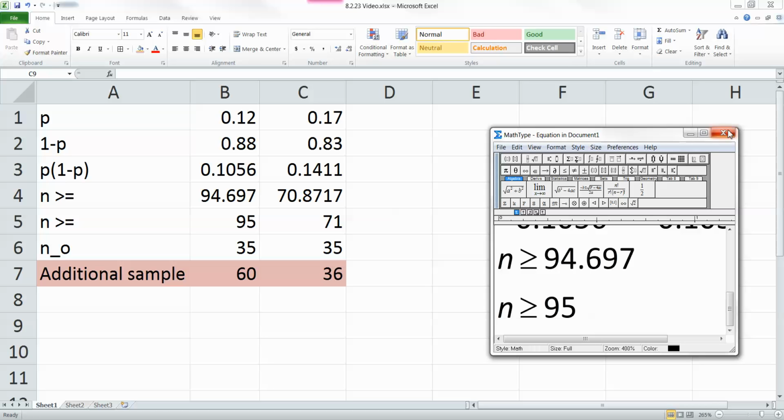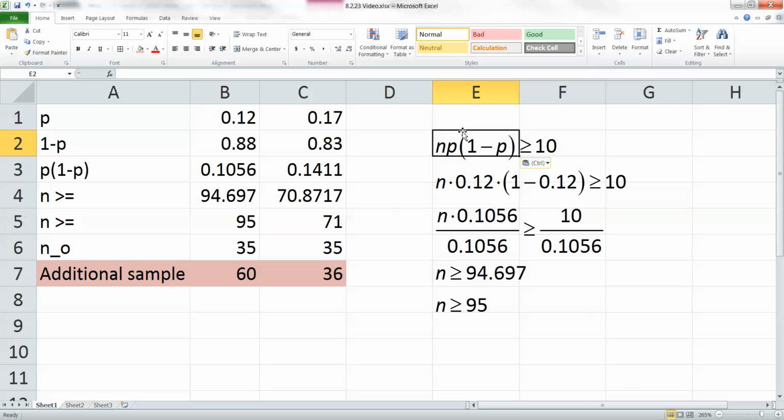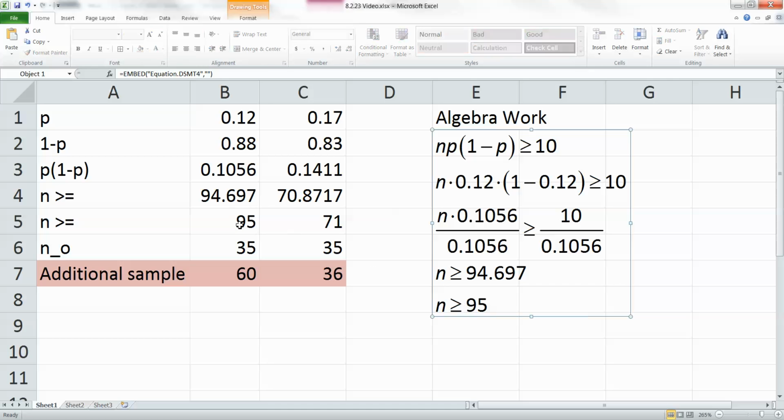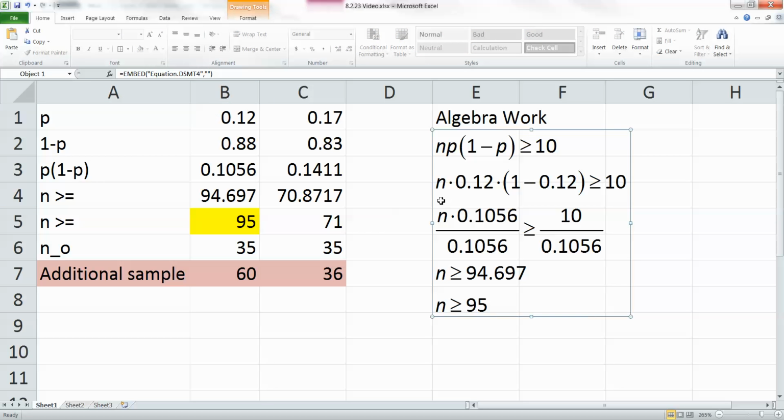Let me paste this in. So that's the work involved. It's actually algebra work to figure out how this works for Excel. That's explaining where this little bit right here comes from.